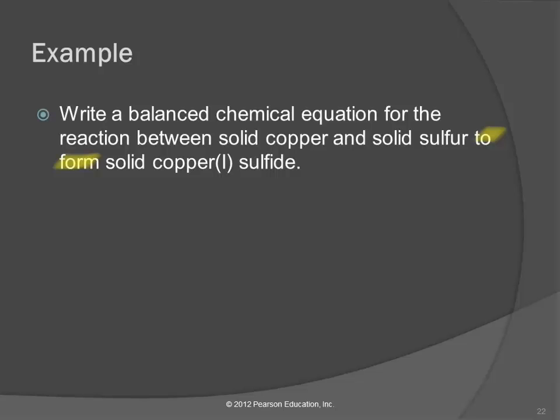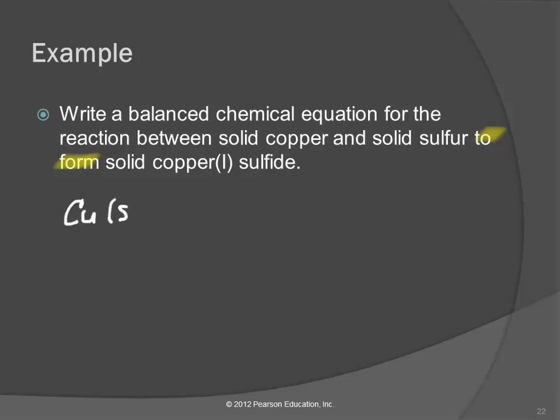So solid copper, well, we need the symbol for copper, Cu, and it's a solid. If they're giving you the states of these substances, then you should write them down. We do not always write state symbols in balanced chemical equations, but if they ask you to, then you have to. And we're going to practice.